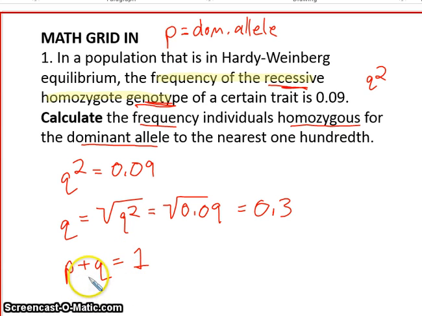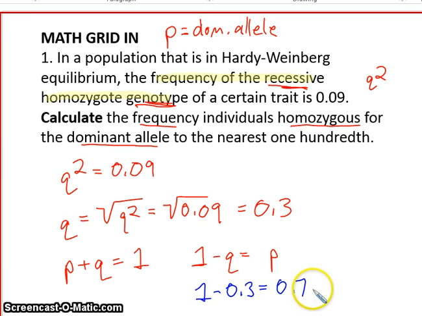To solve for P, it's basically 1 minus Q. Let's plug those in. 1 minus 0.3 should give me 0.7 for my dominant allele.